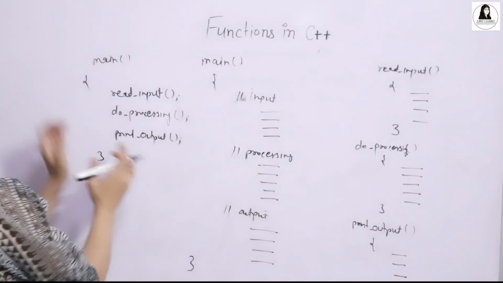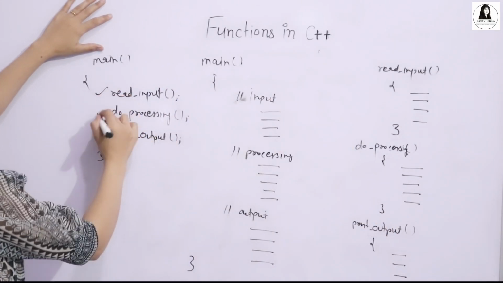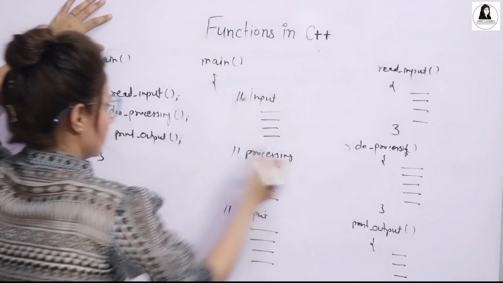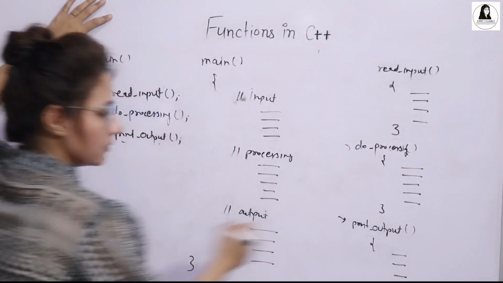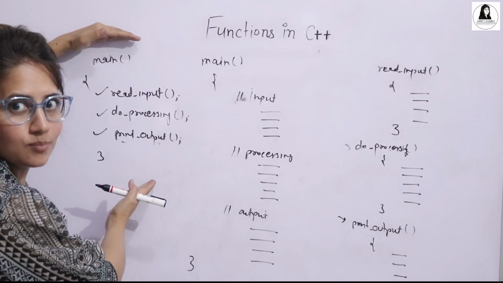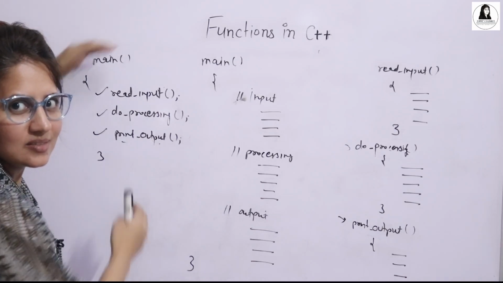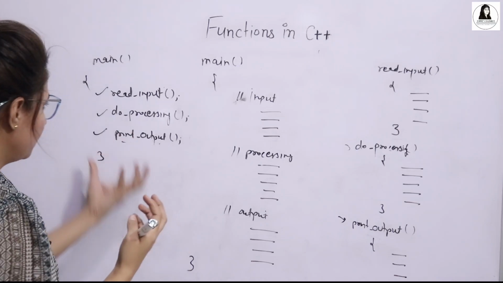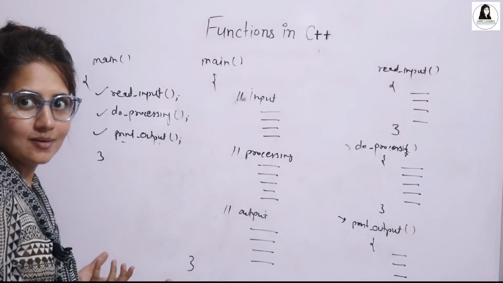So now in main, we just have to write 3 lines. Read input, just call this; do processing, call this; print output, call this. So this is more readable, more maintainable and concise code. You know, it's looking beautiful rather than this, right?